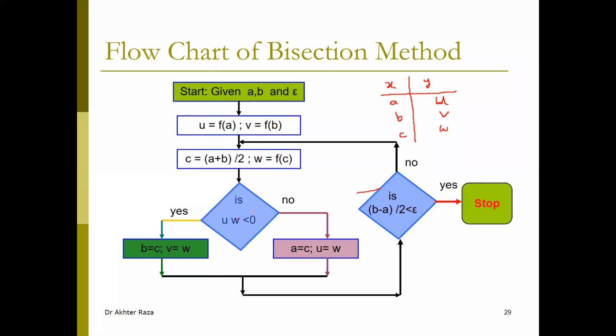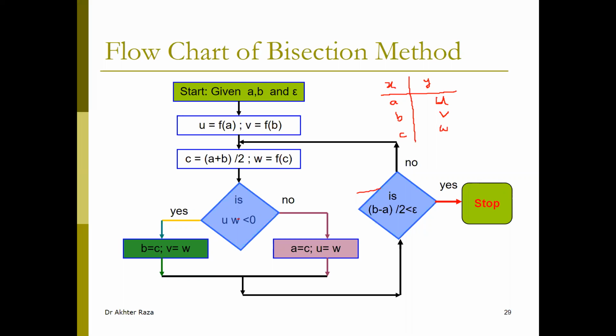And if u into v is greater than 0, as I told you, there is only one if, the other is else, then we have this path. So what this is indicating is that if the product of u and w is negative, we have to switch one point, which is point b.